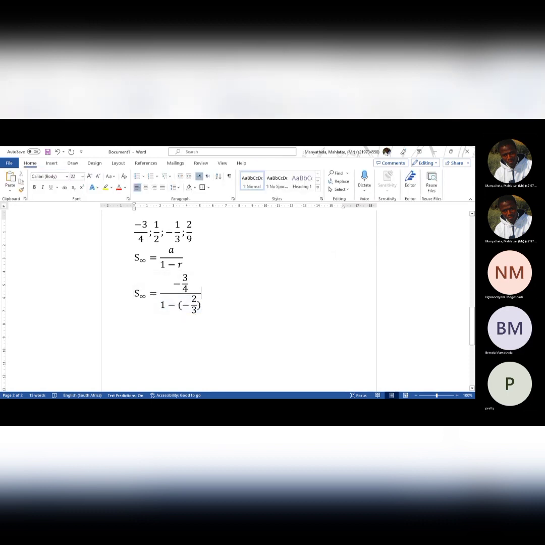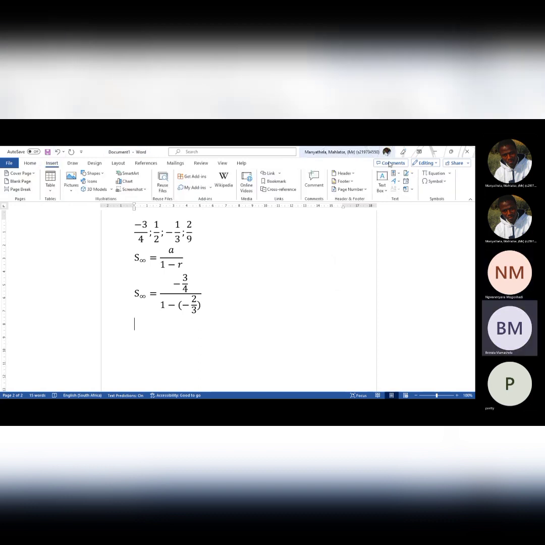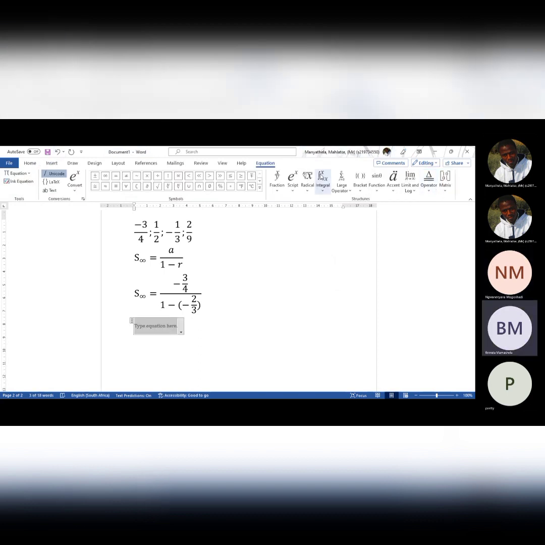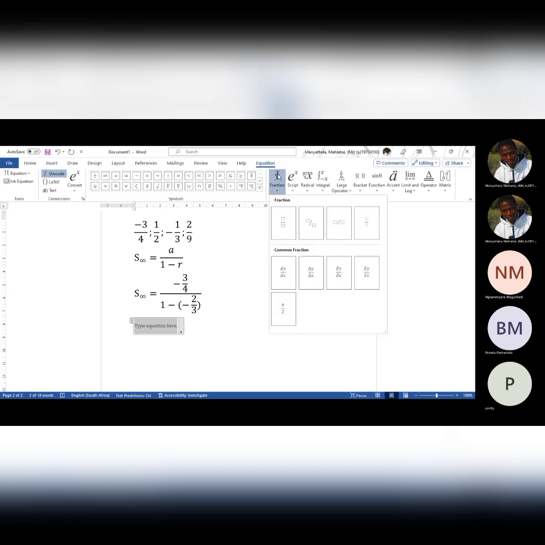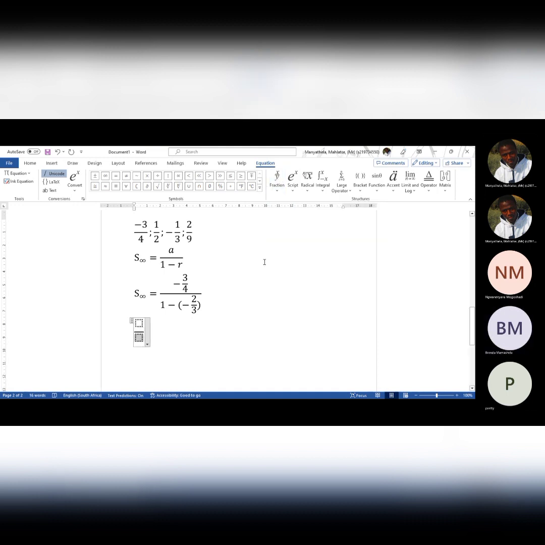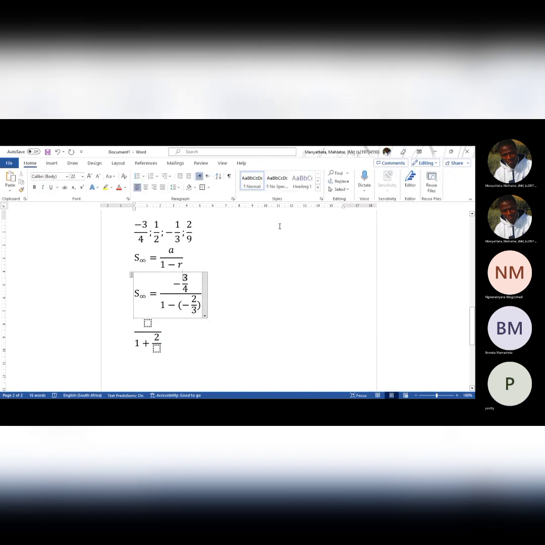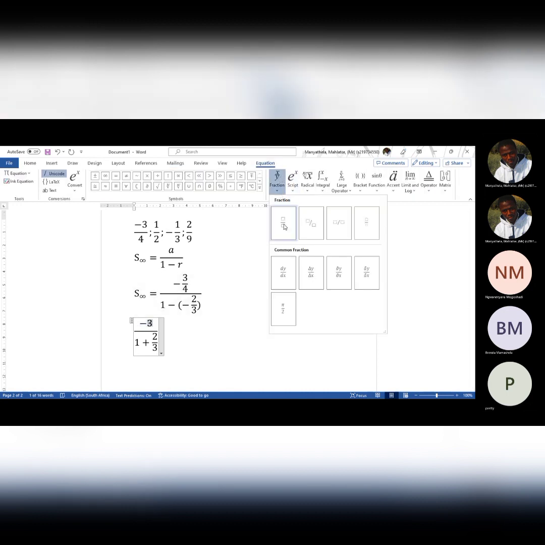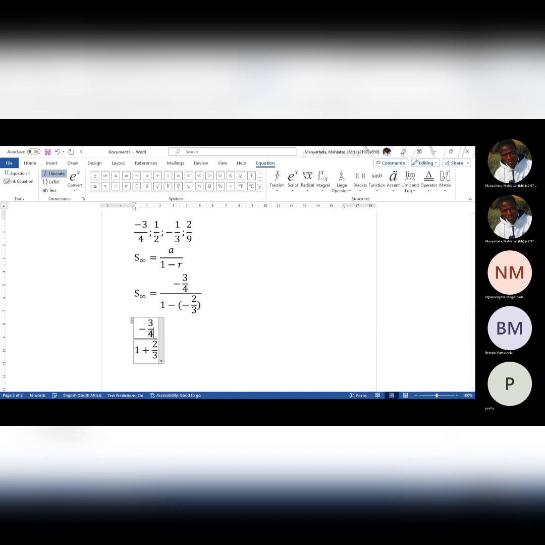Negative times negative is positive. So we remain with 1 plus 2/3 in the denominator, and negative 3 over 4 as the numerator.